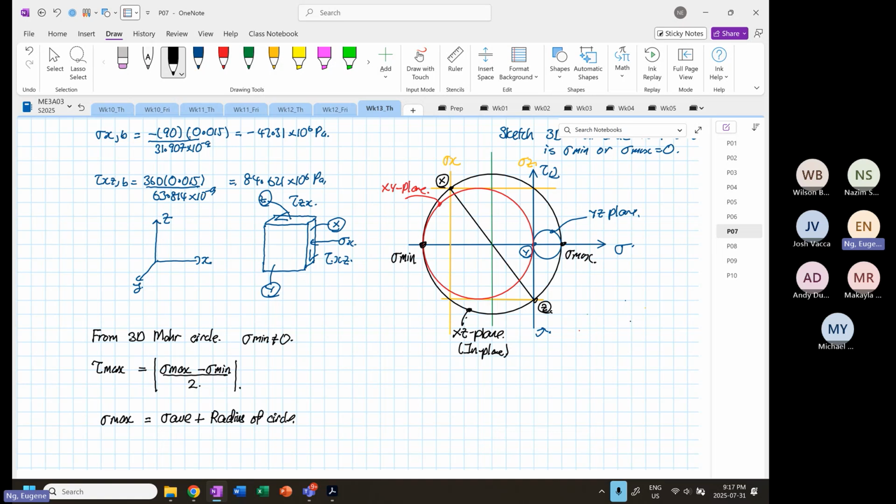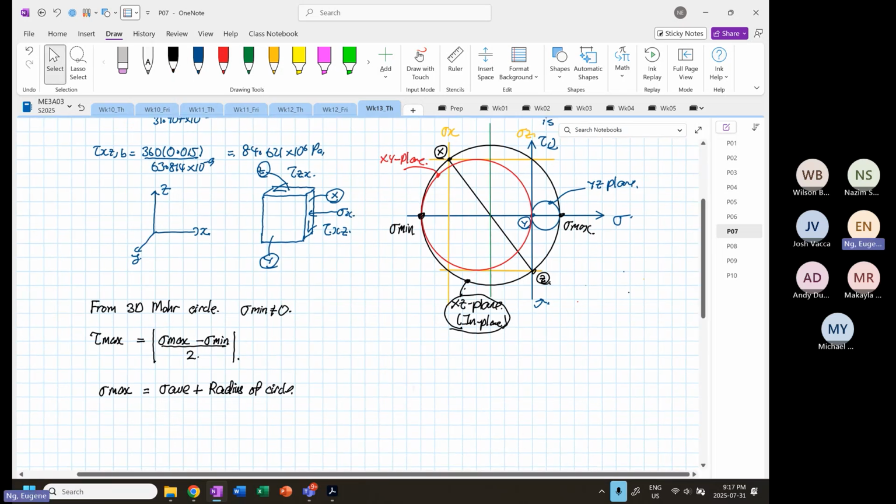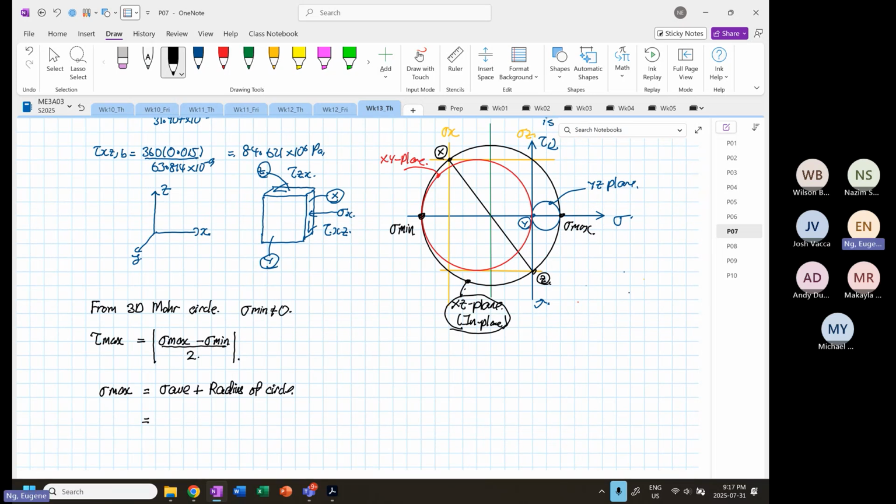And we know that the XY plane has the largest circle, right? So from here, this will be equal to what? So this will be equal to stress X. So stress average, just look at the circle, right? So we are going to find our stress average.